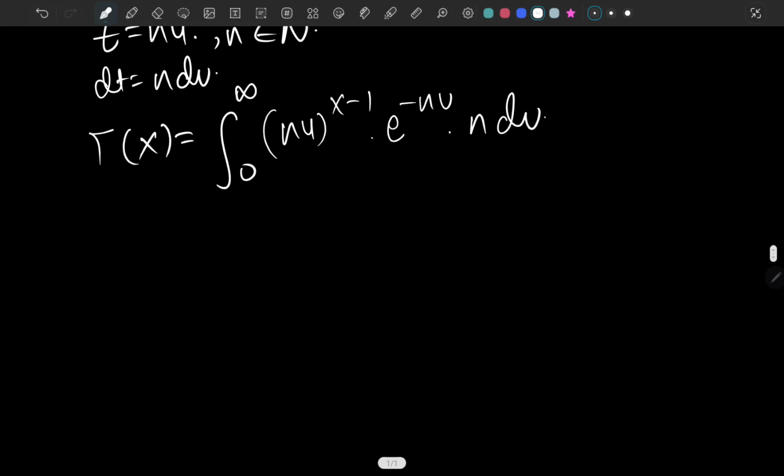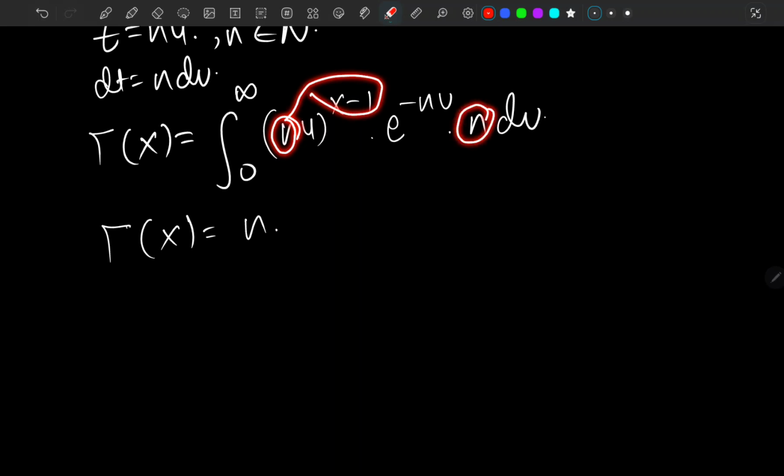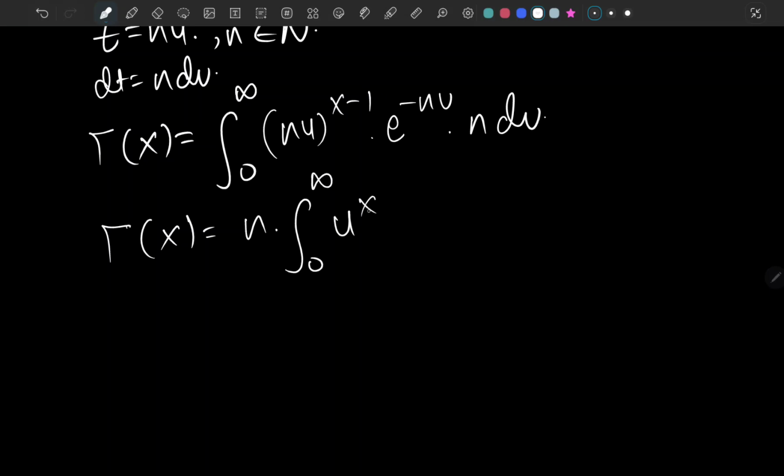Now if we talk about gamma of x, we can take n outside, because after being multiplied, those things are going to be n only, and this becomes the integral from 0 to infinity of u to the x minus 1 e to the negative n u du.